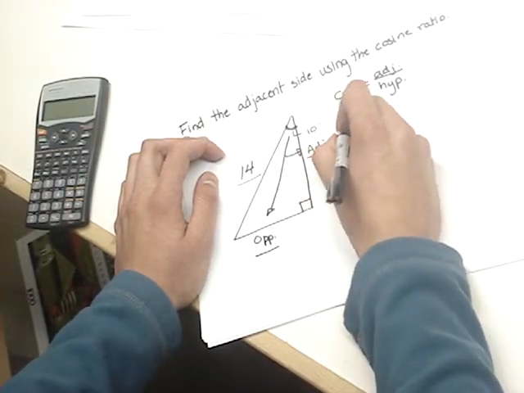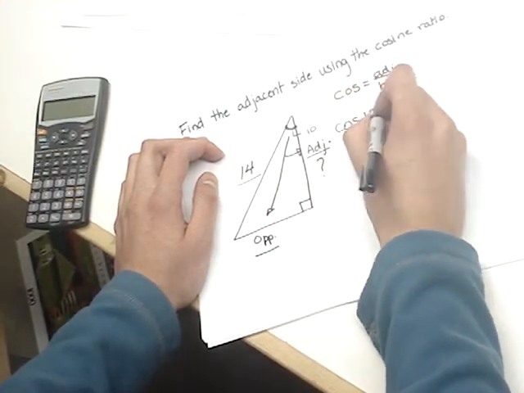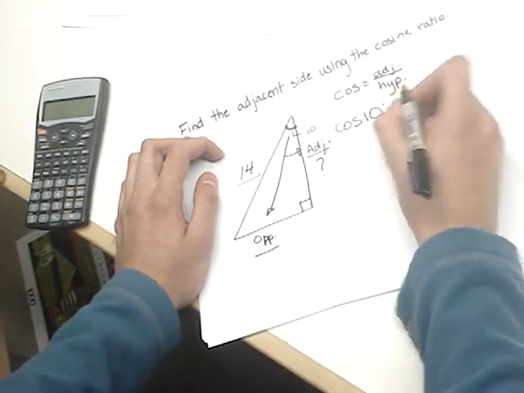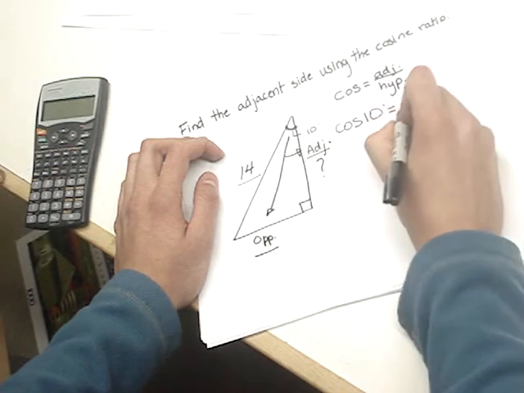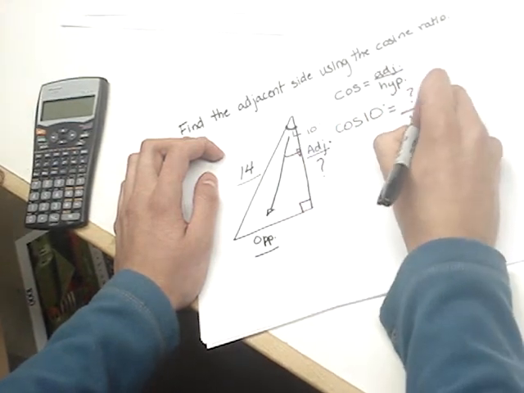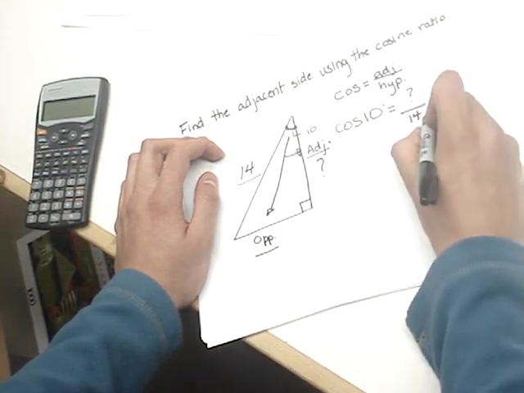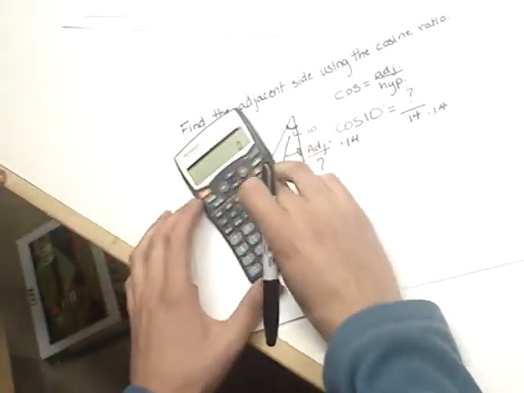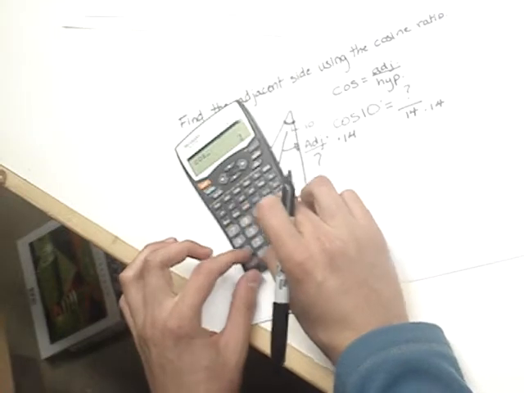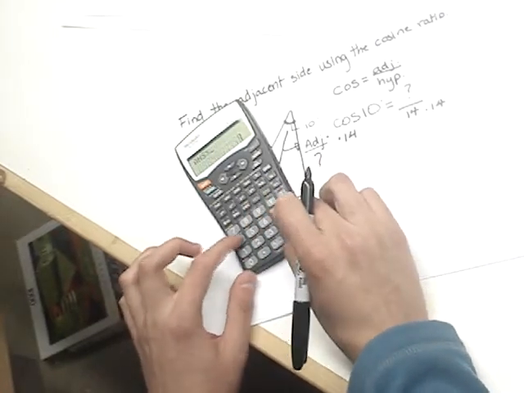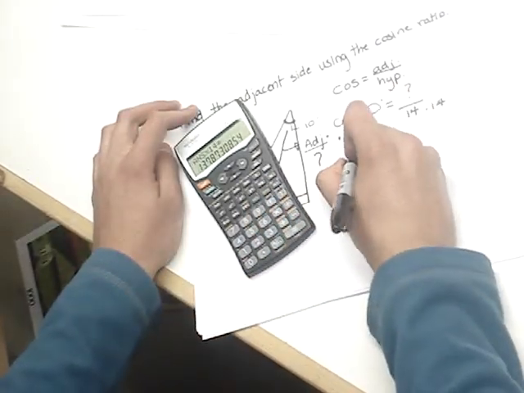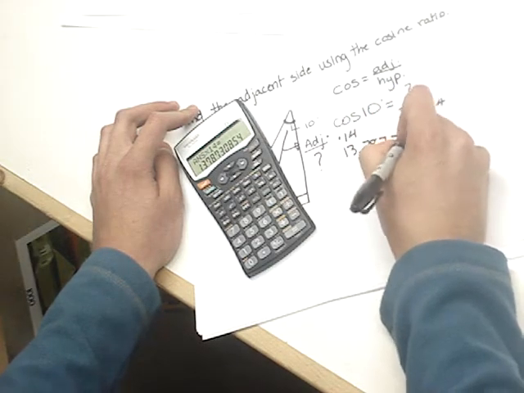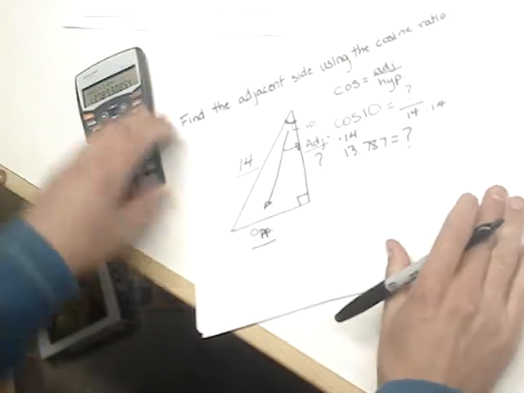So cosine of 10 degrees equals adjacent, we don't know, over hypotenuse, 14. To isolate our variable, we multiply by 14 on both sides. Cosine of 10 multiplied by 14 equals 13.787, the length of the adjacent side.